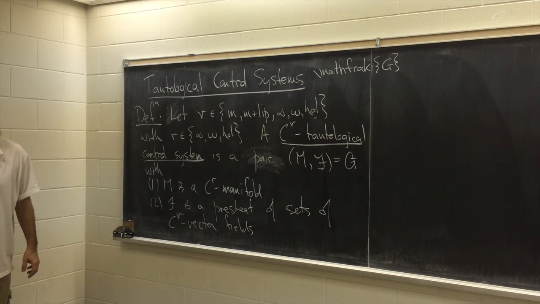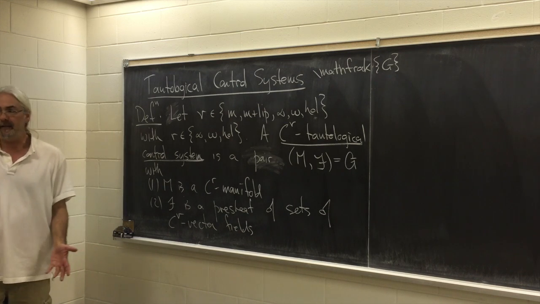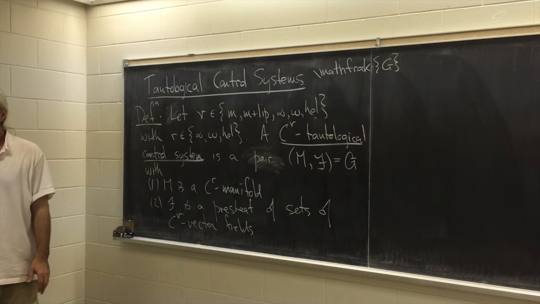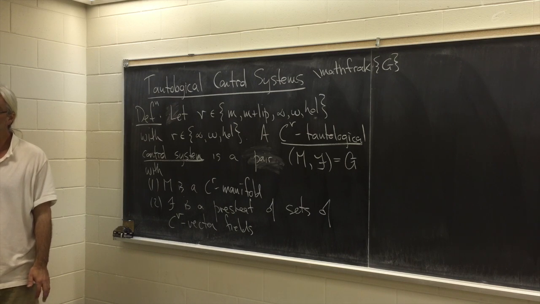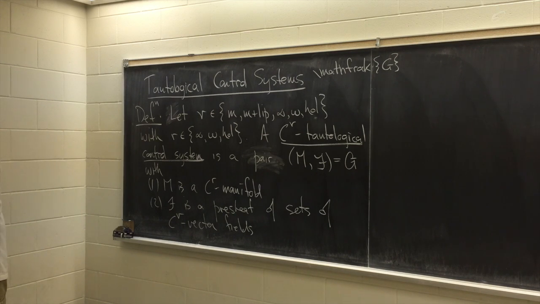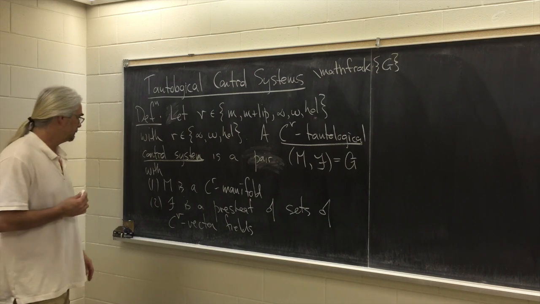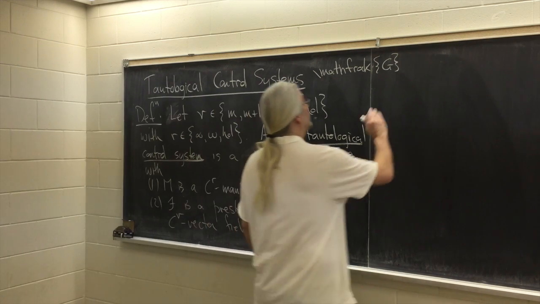So no algebraic structure on these sets? None whatsoever. You really have to have no structure because, well, we'll see the examples, and I will try to remember to address that point there.